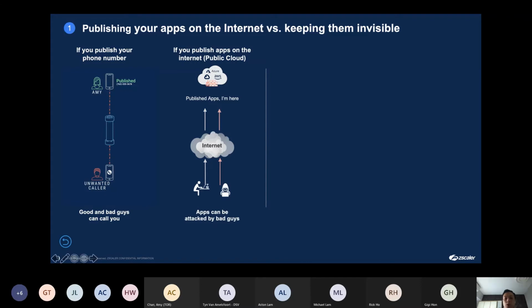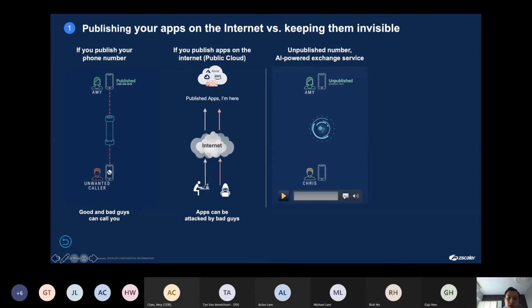But a real zero trust model should help you reduce or solve this problem. A real zero trust model should be able to provide you a backbone or exchange network so that your users or those third parties, no matter if they are known or unknown to you, will always just call a zero trust exchange platform and only get connected after they have been checked based on identity and device posture.